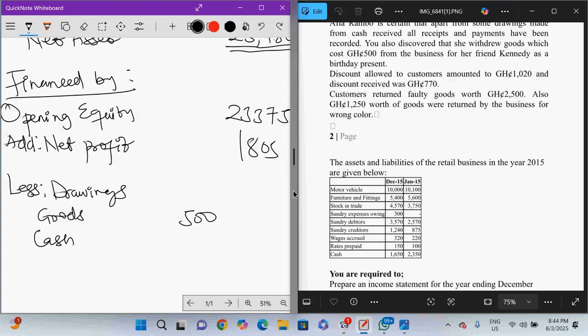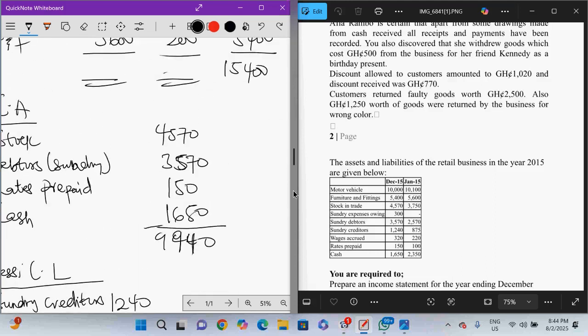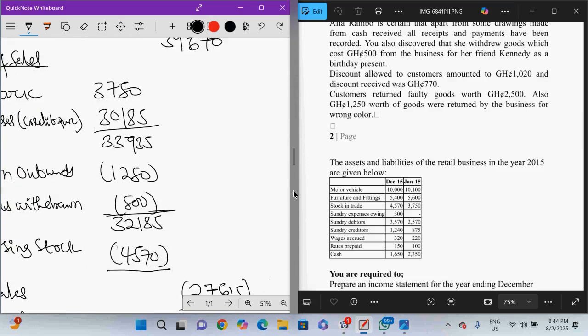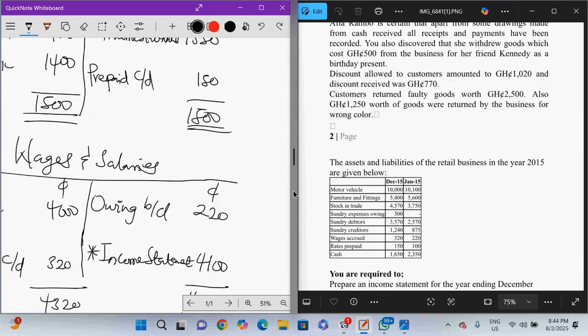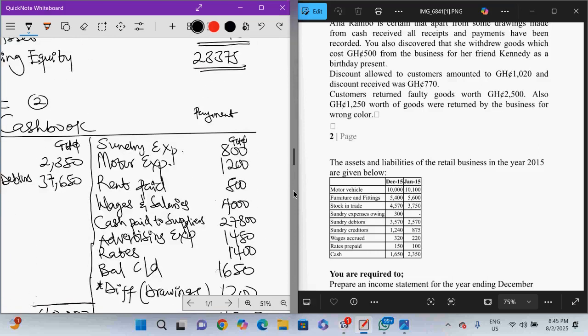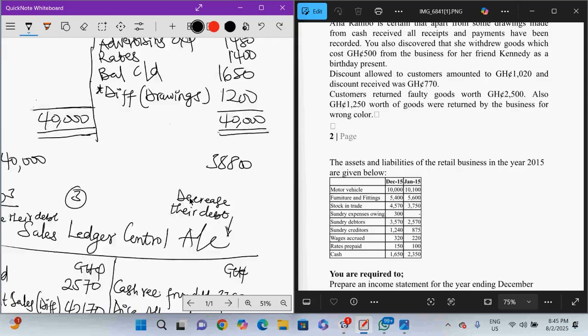And then the cash drawings. When we prepared the cash book, the difference, we said to send it to drawings. Do you remember that? That's the cash drawings.